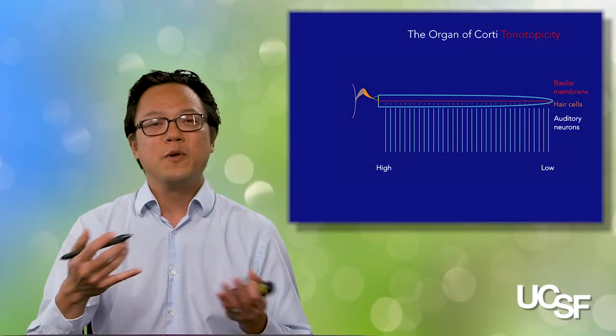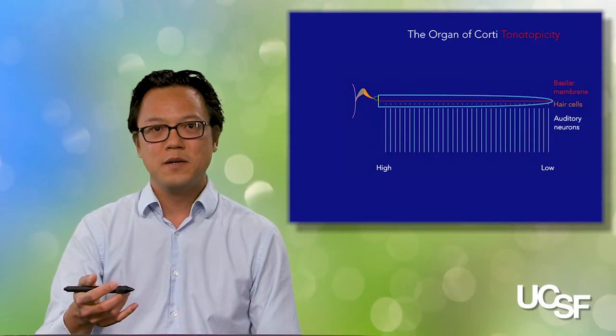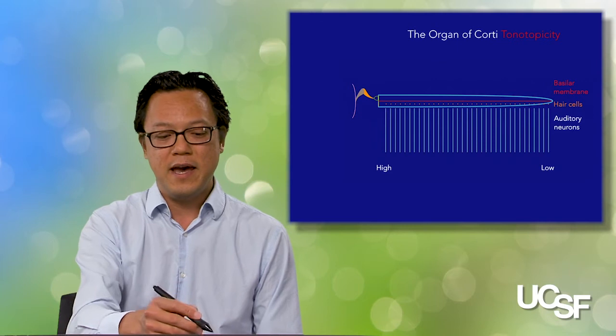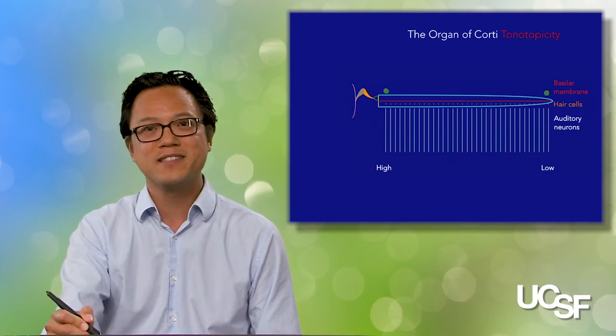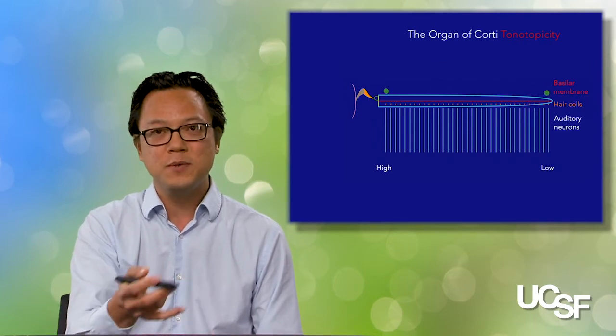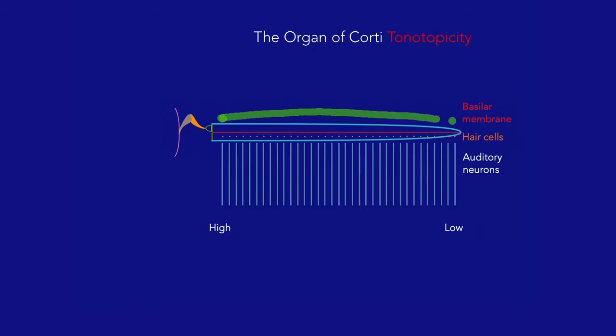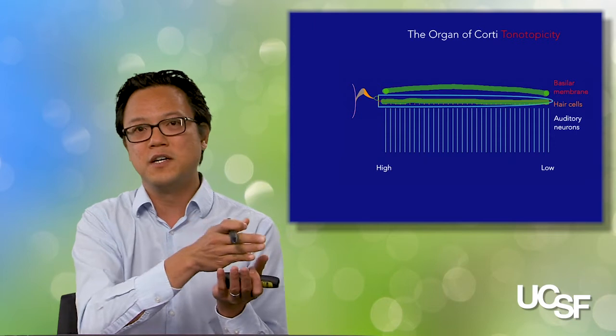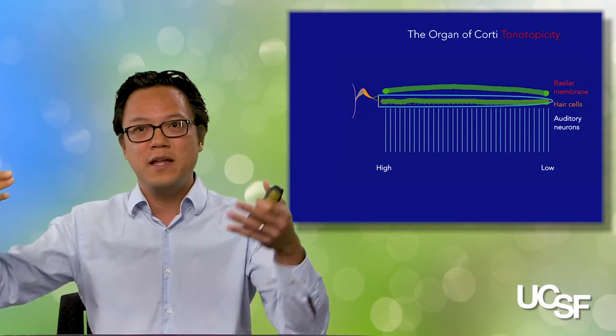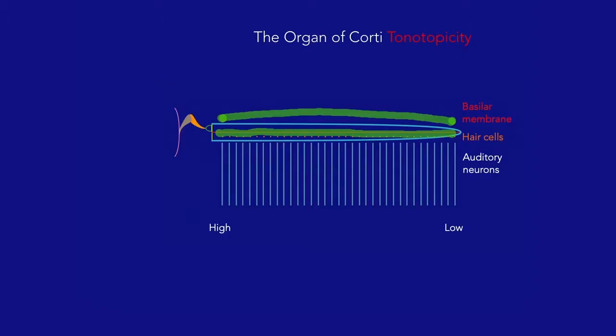Now remember when we were talking about the basilar membrane vibrating differently at the base and the apex, and how the frequencies are represented from high frequency down to low frequency. Because there are thousands of hair cells along the basilar membrane, the hair cells are then arranged in a frequency map, and that maps directly onto the array of auditory neurons.